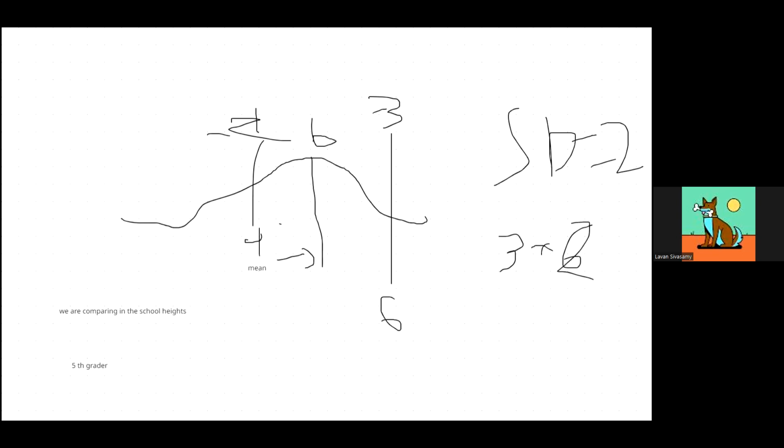So now we're 3 standard deviations away from that. We have to add 6, and that's 12. If we're 3 standard deviations away from the mean, we're 12 feet. I'm pretty sure nobody in 5th grade would be 12 feet, but for the sake of explaining it to you, we're using 12 feet.